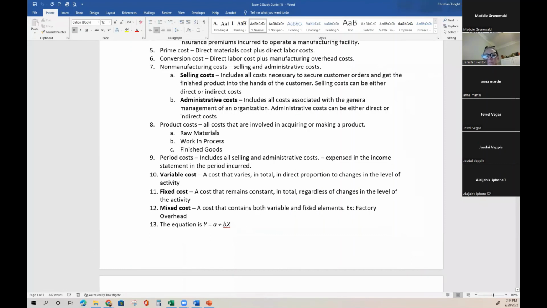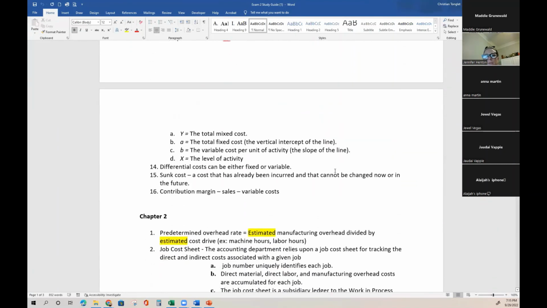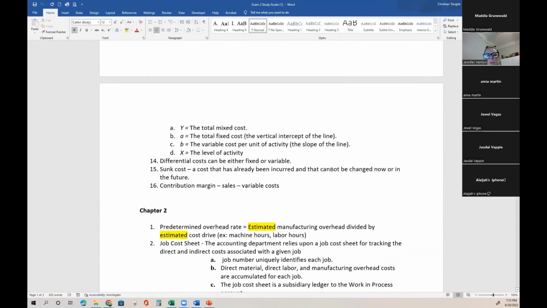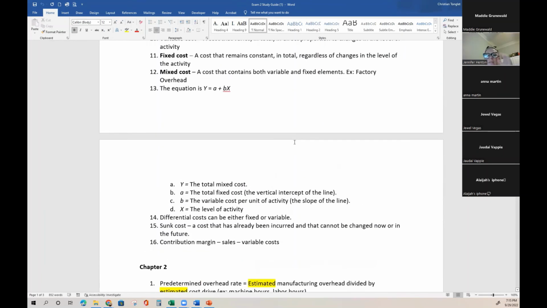Remember your equation. What they stand for, because you could have a real simple question that just says the y in the formula or the equation means total fixed cost. Well, then you'll know, nope, that's not correct. It's mixed cost. It's false. So it might have something real simple like that.